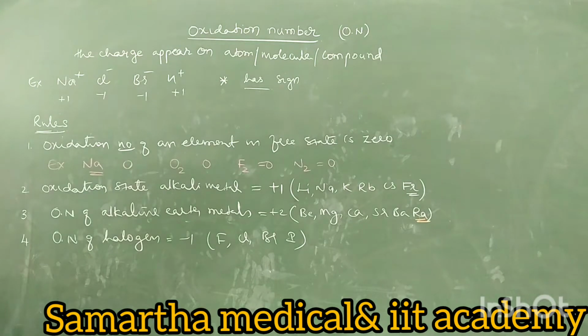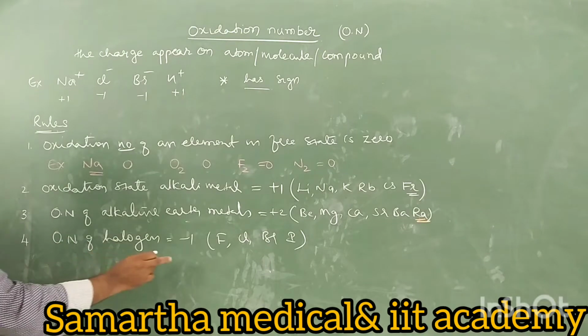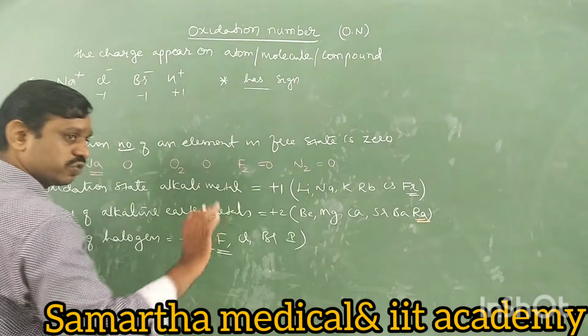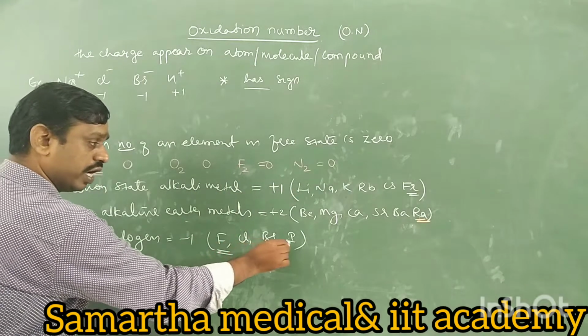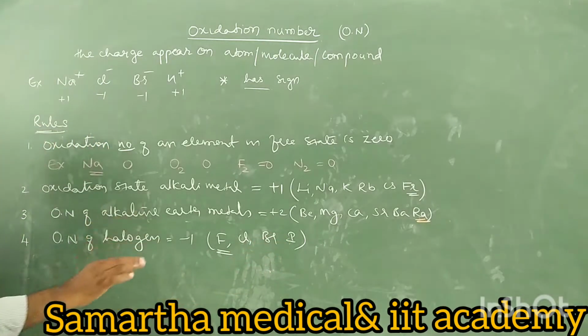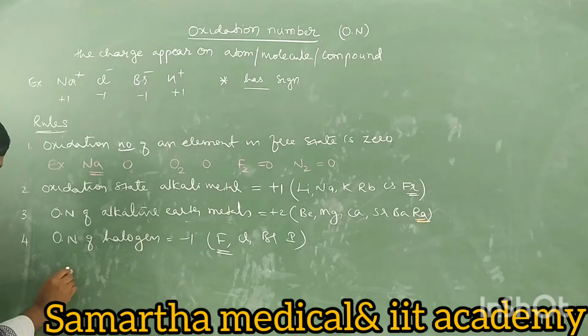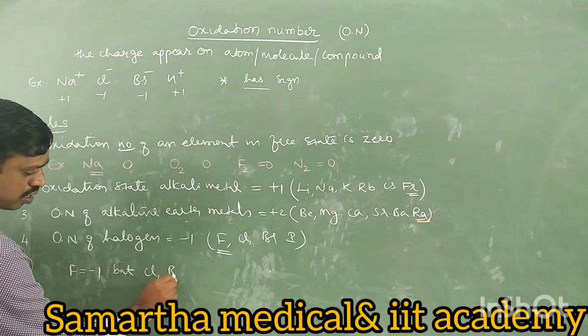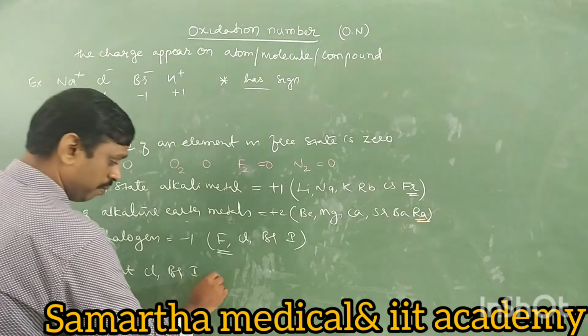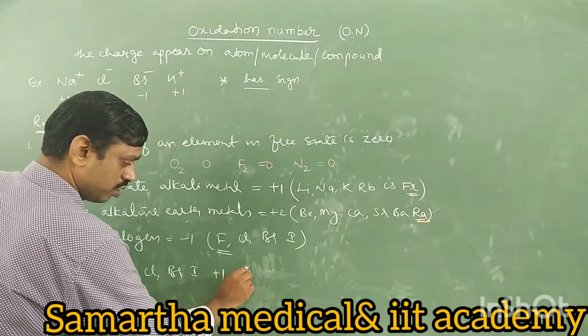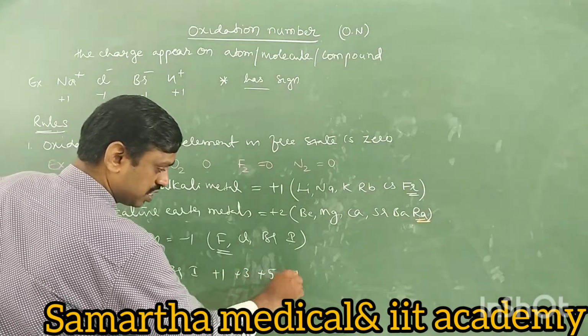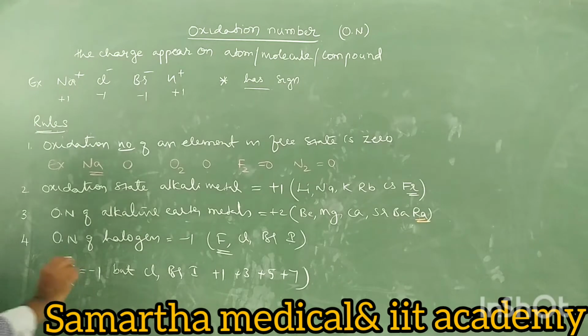But here one important note: fluorine is always minus 1, but chlorine, bromine, iodine may exhibit plus 1, plus 3, plus 5, plus 7 also. These are also possible.